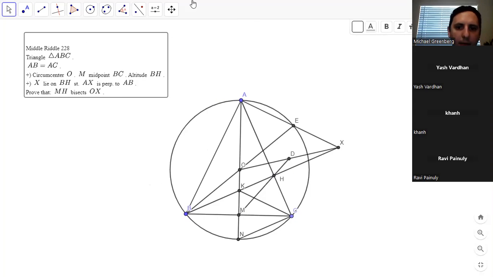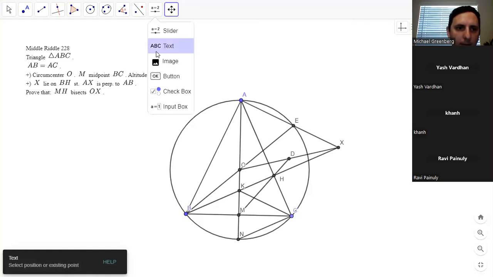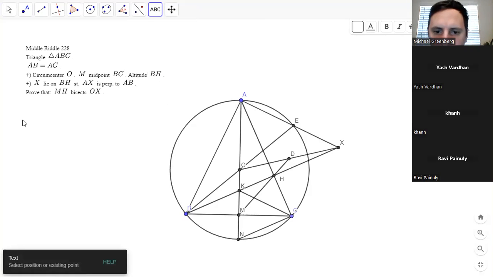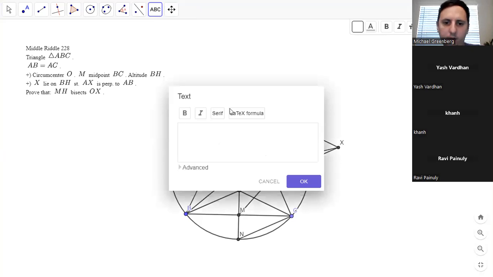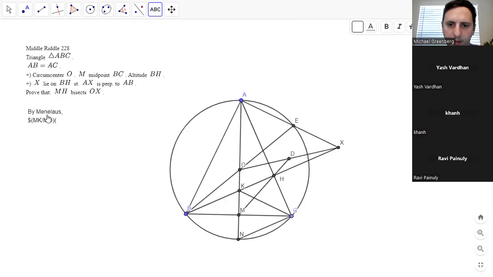So by Menelaus, XD over XO times OK over KM. Well, I think you did the, yeah, so MK over MO times OD over DX. We'll just put in parentheses, MK over MO times OD over DX.